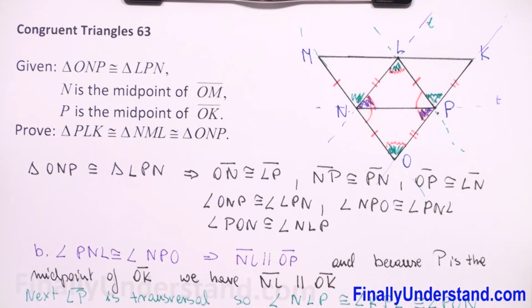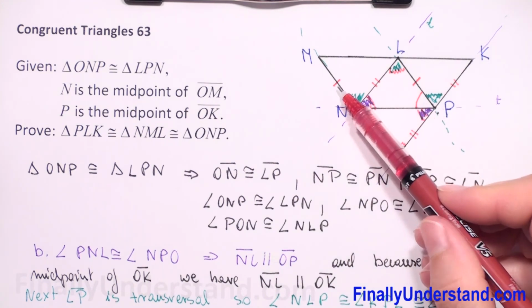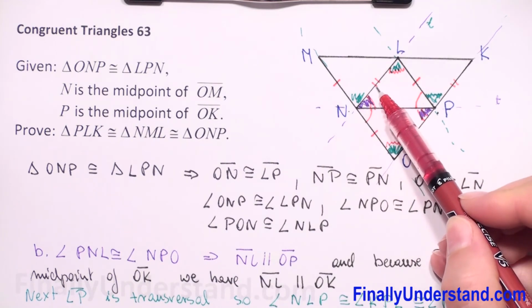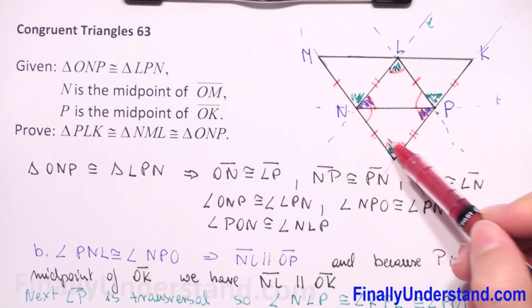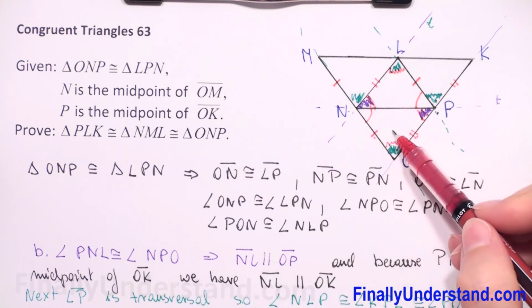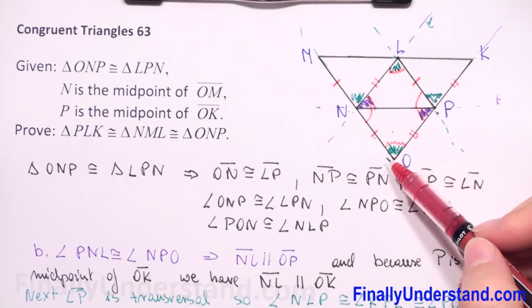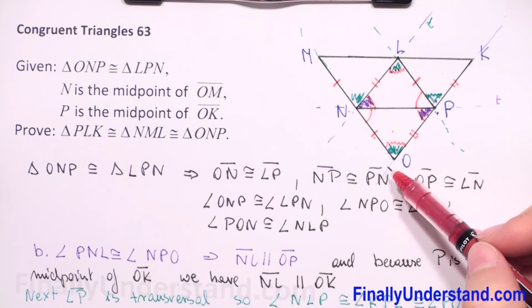So now we see that by side angle side, side angle side, side angle side, these two triangles are congruent.